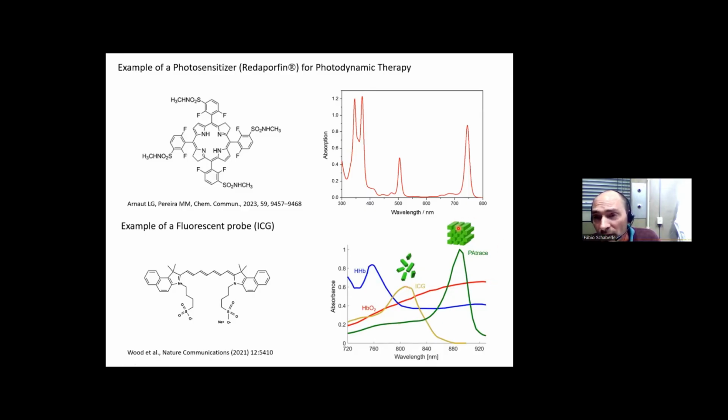But in the aggregated state, the absorption shifts higher and the molecule does not fluoresce anymore, it just generates photoacoustic signal. So all the light absorbed in this aggregate of indocyanine green is lost as heat.